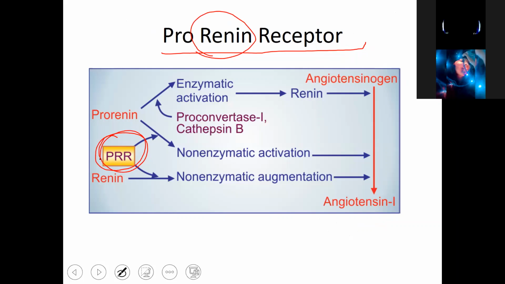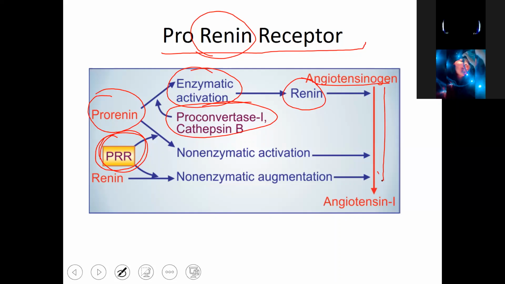Earlier, we thought that prorenin was inactive, and that it undergoes enzymatic activation by prorenin convertase or cathepsin. Okay, and the active renin is formed, and that converts angiotensinogen to angiotensin 1. This we have already learned, that is enzymatic activation of prorenin to renin and conversion of angiotensinogen to angiotensin 1.